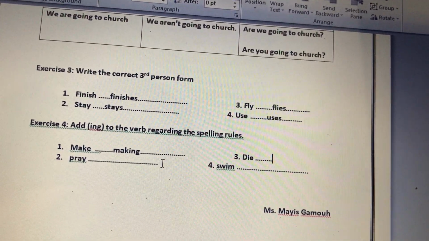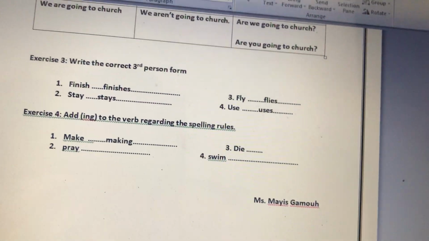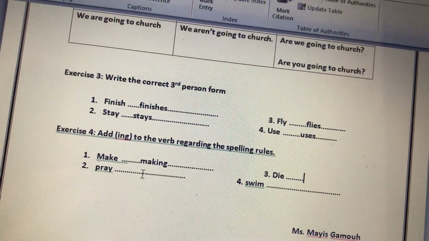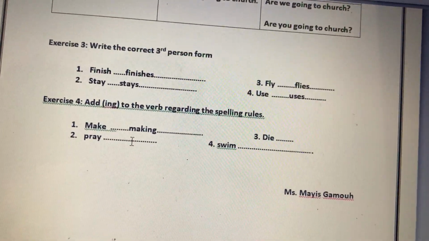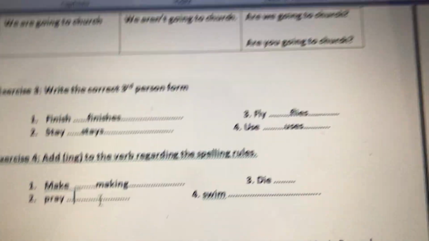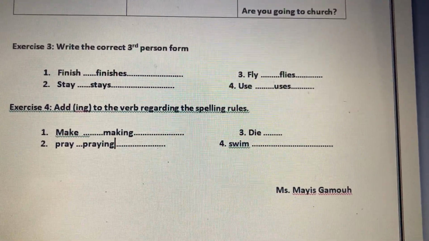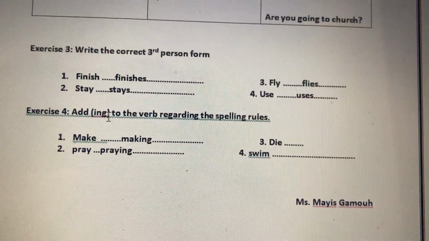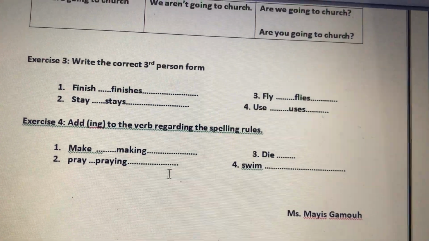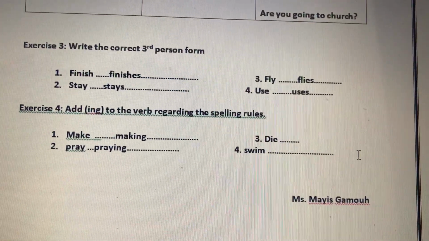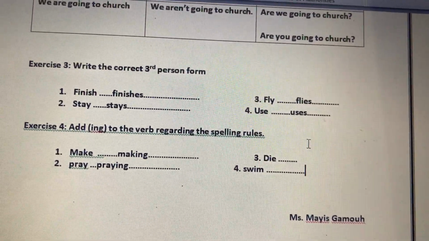Number 2, we have pray. It will become praying, without deleting anything, we just have to add ing to the main verb.